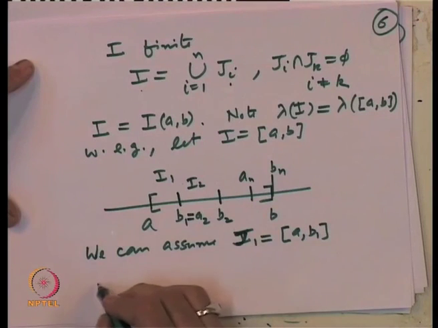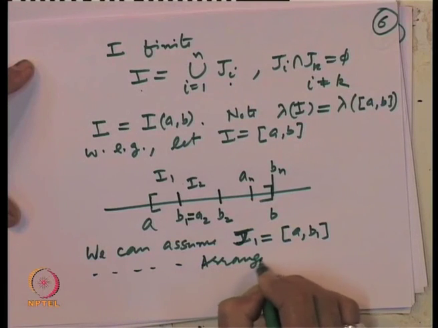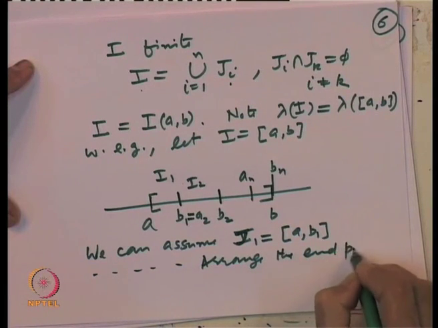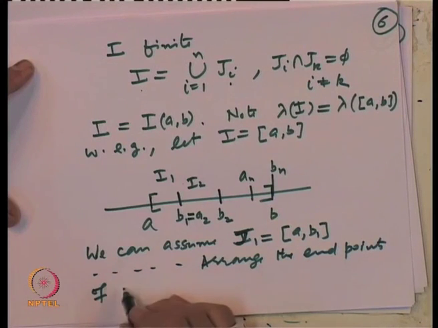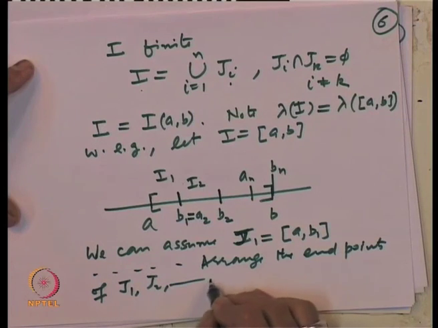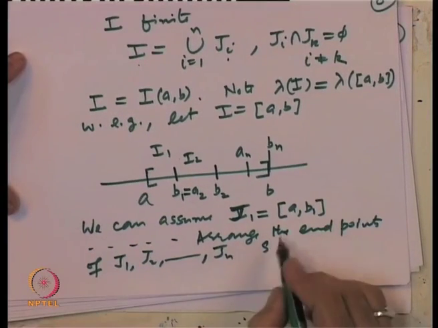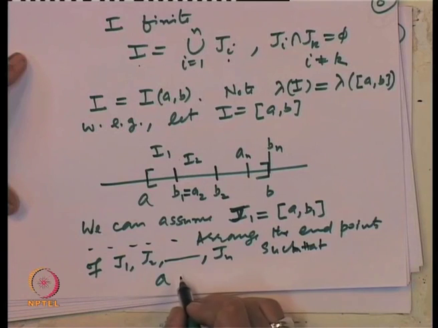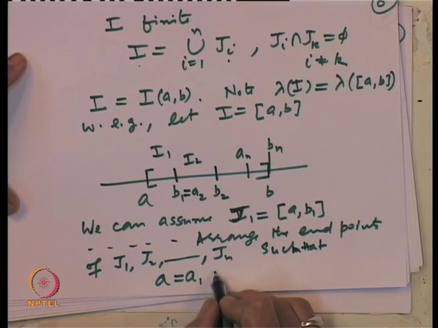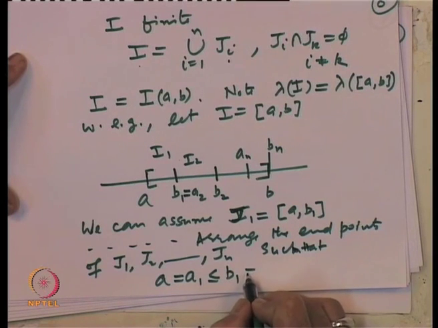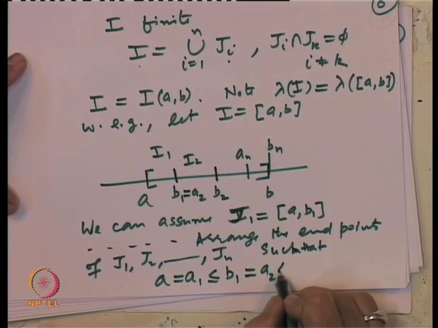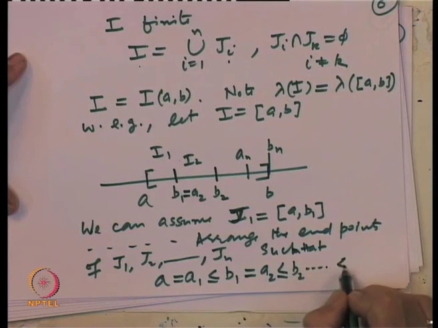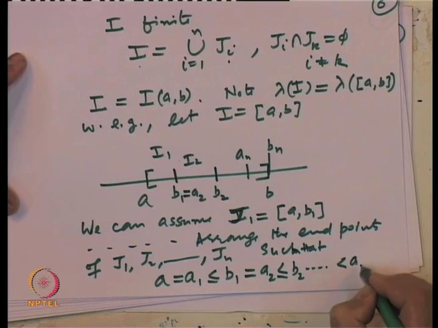So, what we are saying is, going this way, we can arrange the endpoints of j_1, j_2, up to j_n such that a is the same as a_1, less than or equal to b_1, which is equal to a_2, less than or equal to b_2, and so on, a_n less than or equal to b_n, which is equal to b.